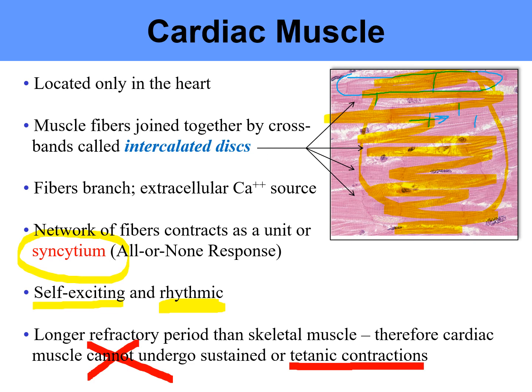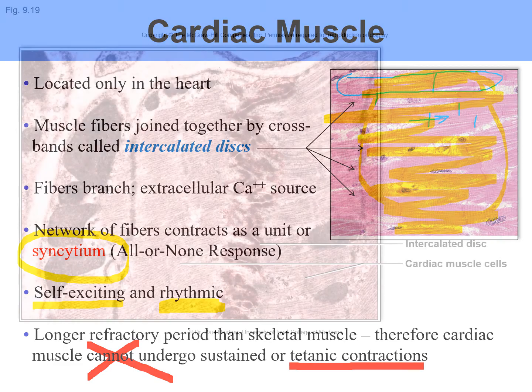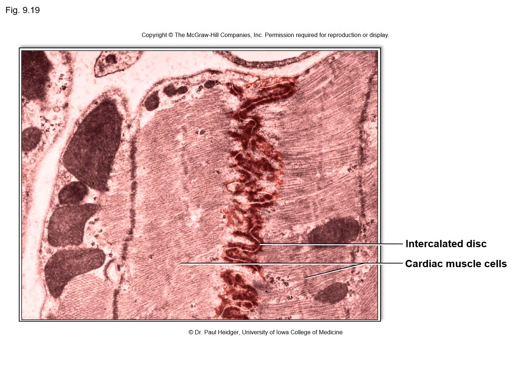In cardiac muscle, you don't get this prolonged, sustained tetany. So that's kind of interesting, and it is due primarily to the significant anatomical and physiologic differences between cardiac muscle and skeletal or even smooth muscle. This is just an interesting electron micrograph that gives you a better view of the intercalated disc between two adjacent cardiac muscle fibers.